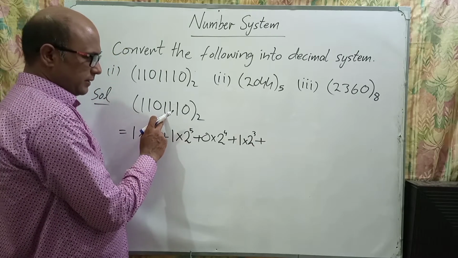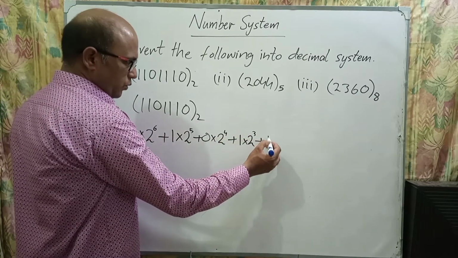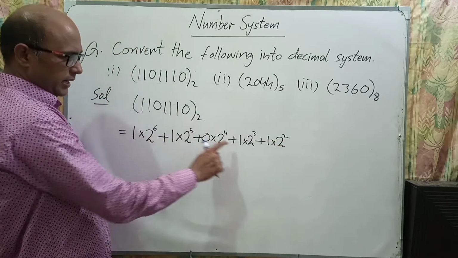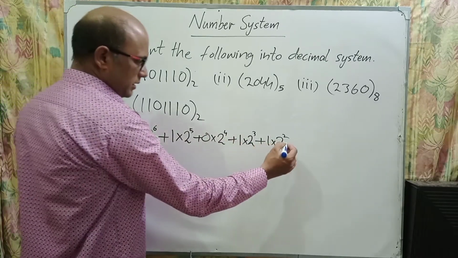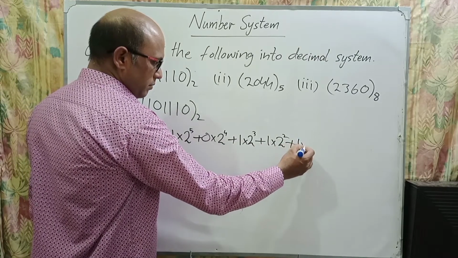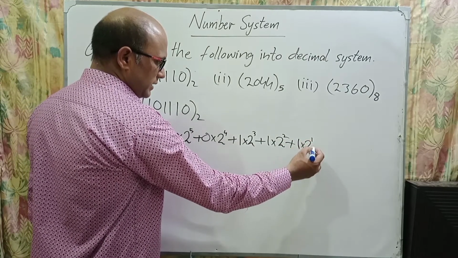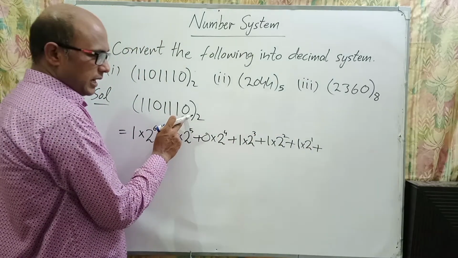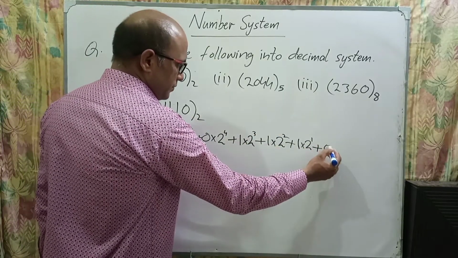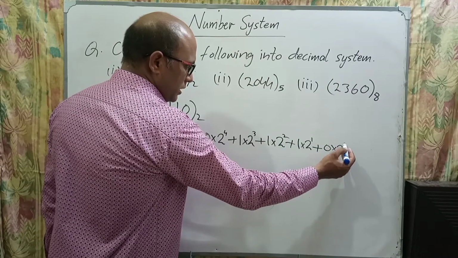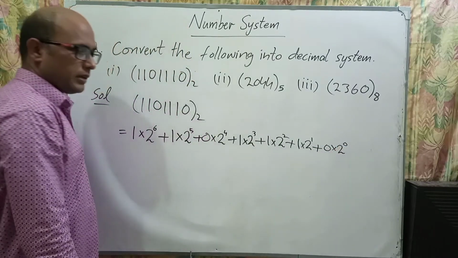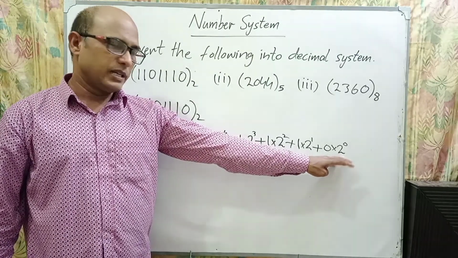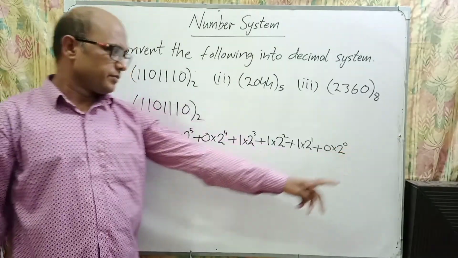The next number is 1, 1 multiplied by base power 2. Okay, the next number is 1, so plus 1 multiplied by 2 power 1, plus the next and the last digit, 0 multiplied by 2 power 0. The last power of the base number should be 0.